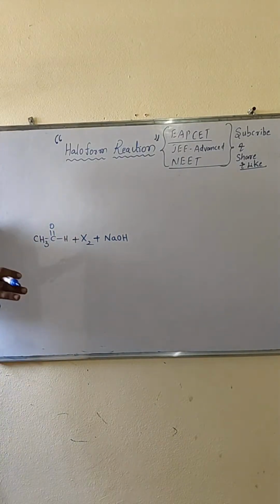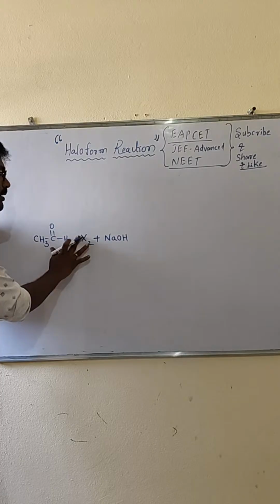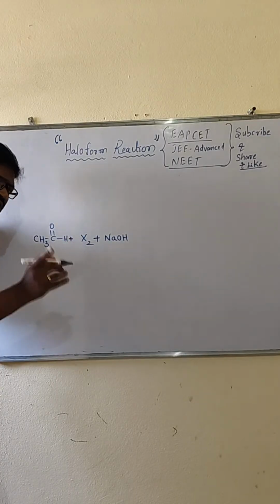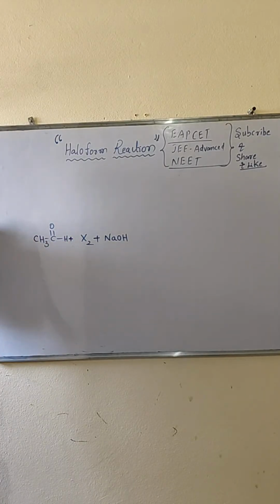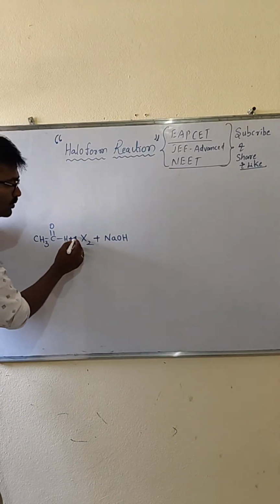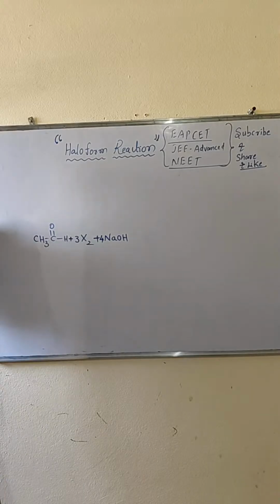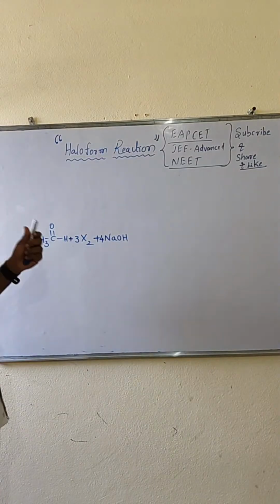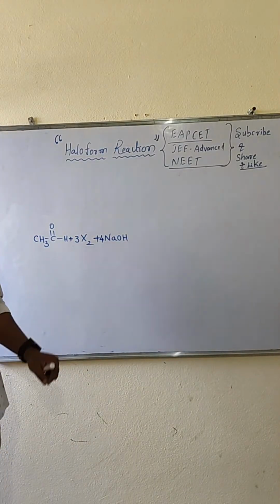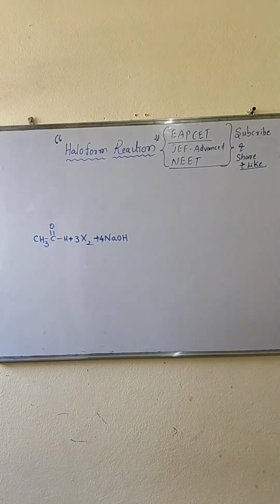Even this is very important, my dear students: how many moles of halogen have to be taken? They will ask this question mainly in the NEET examination. 4 moles of sodium hydroxide and 3 moles of chlorine molecules we are using.